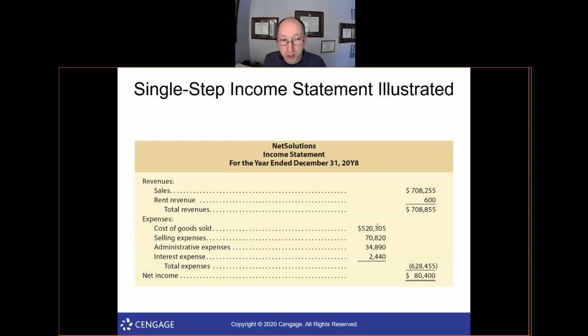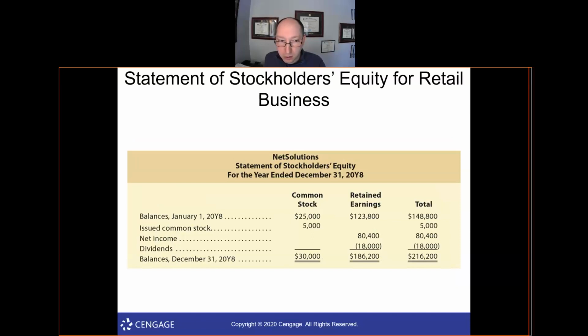Cost of goods sold is now classified as an expense. It just makes it, I guess, easier to report. That's why you'll see it sometimes listed in single step. But it's better to use the multi-step income statement because it's more identifiable. It's easier to read.